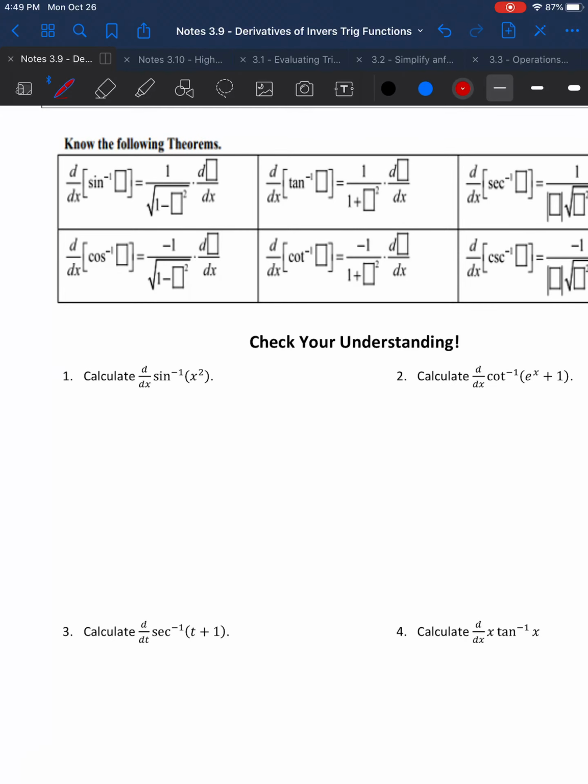So, inverse sine of x squared. First, I have to decide what my u is. Then, what is my f of u?